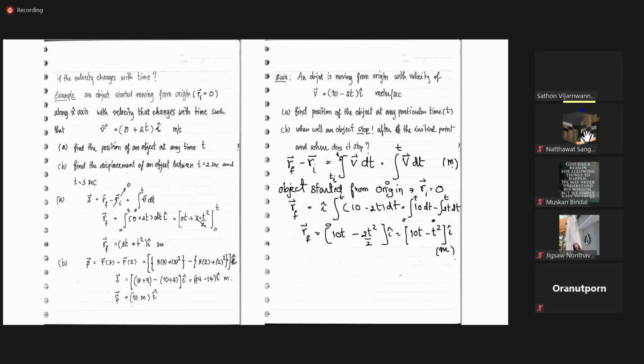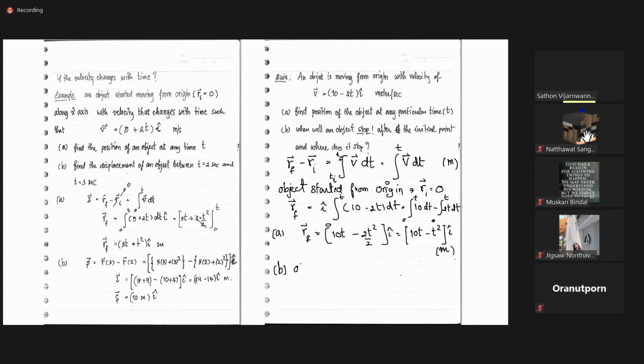Now, that's the answer to part A: find the position of an object at any particular time. To answer part B: when will the object stop after the initial point, and where does it stop?